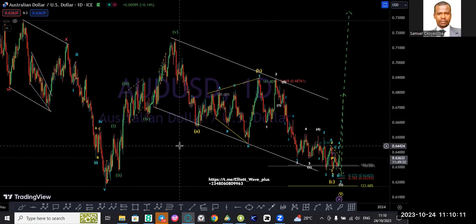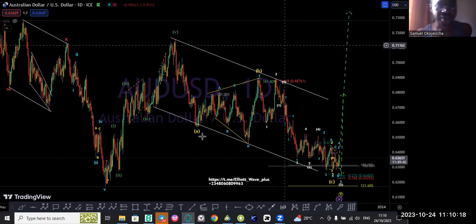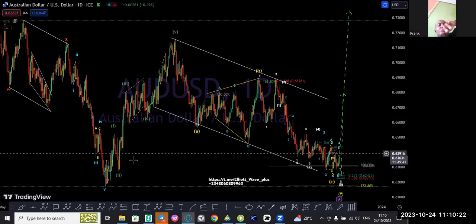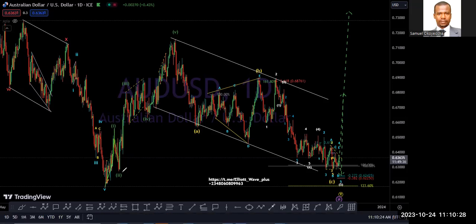So let us do a top-down analysis on AUD USD. Let's start on the daily time frame. If you take a look, you will see that you have wave 1, wave 2, wave 3, then wave 4, running flat, then wave 5.